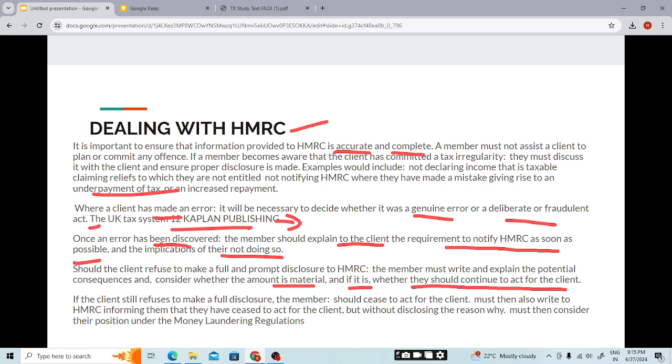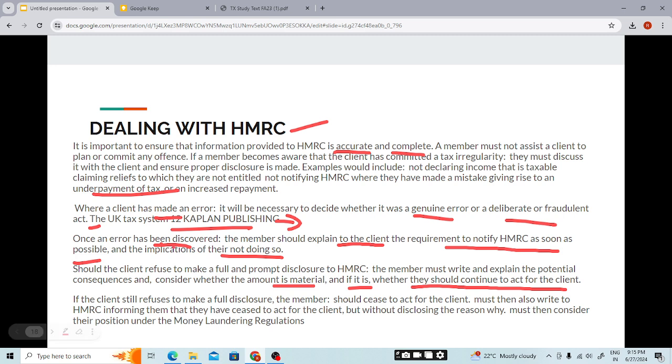If not, the implications will be imposed by the HMRC. They'll apply some other rules, and a penalty will be levied on you. If the client still refuses, you are giving the advice in writing, that you need to notify, and if you do not notify, you will be under some implications.